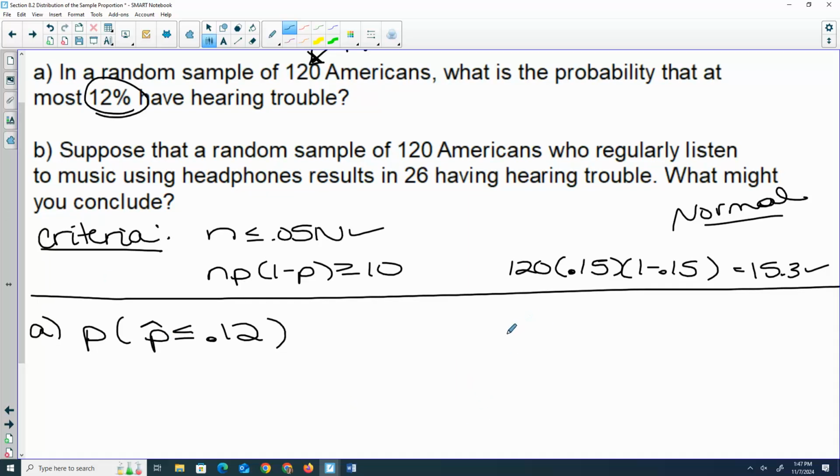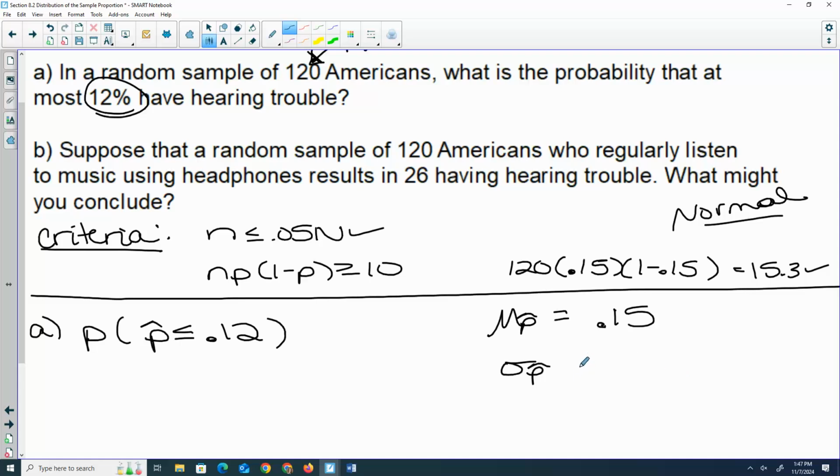All right, where do we go from here? Z-score. To get the Z, we need the mean and standard deviation for p hat. What's the mean for p hat? 0.15, the original p for the population.